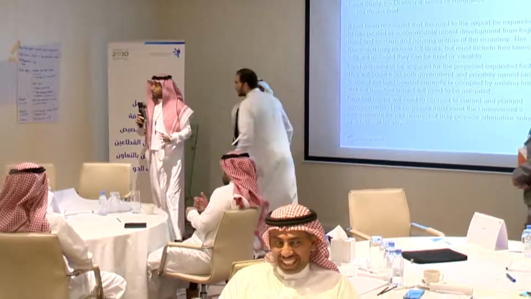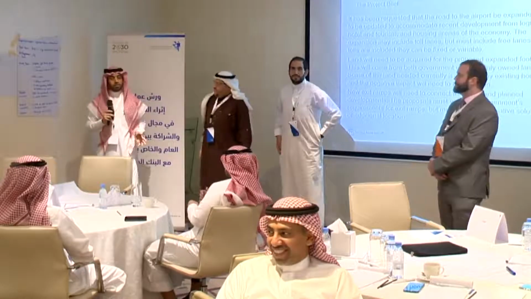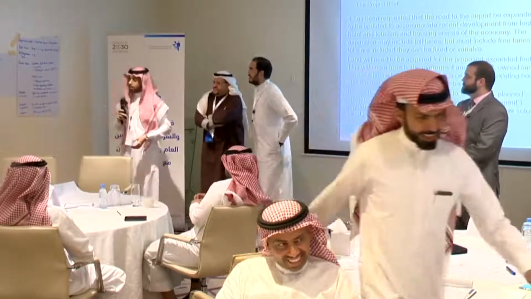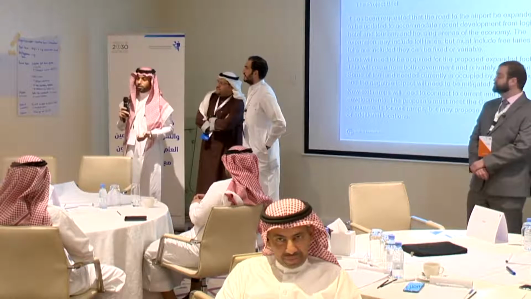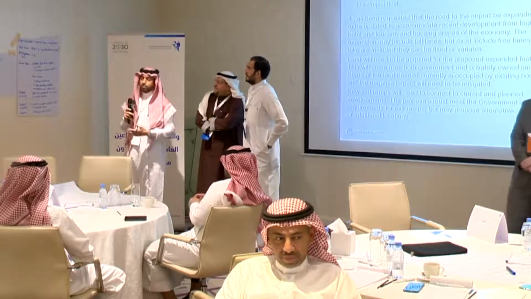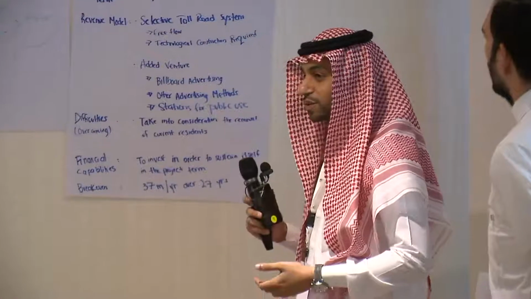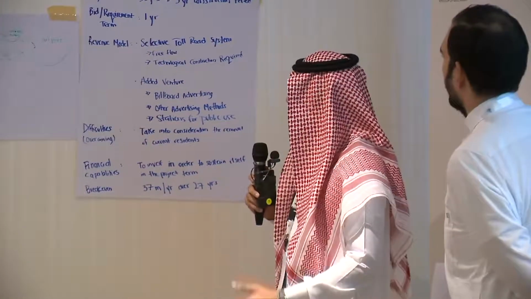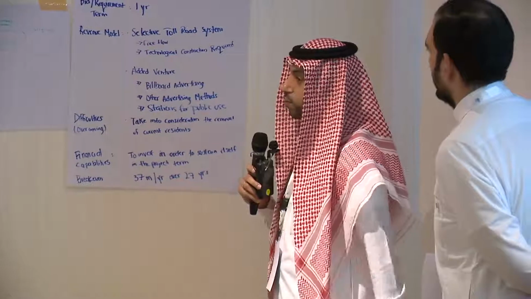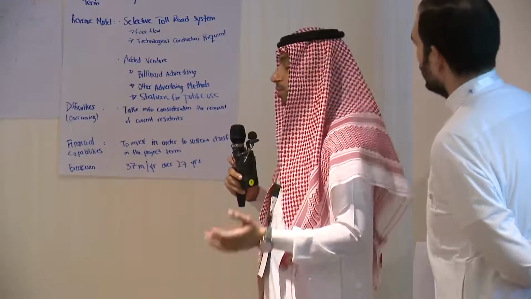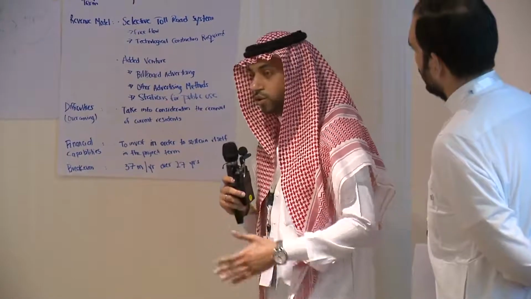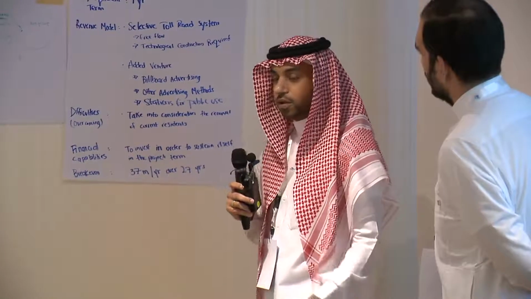Okay, we considered some of the risks that the company might face, one of which is the volume of the usage of this road, and how they will be able to make an investment into this expansion of the road. So some of the ideas for the revenue model were, first, to enable technology in the toll roads and be selective.